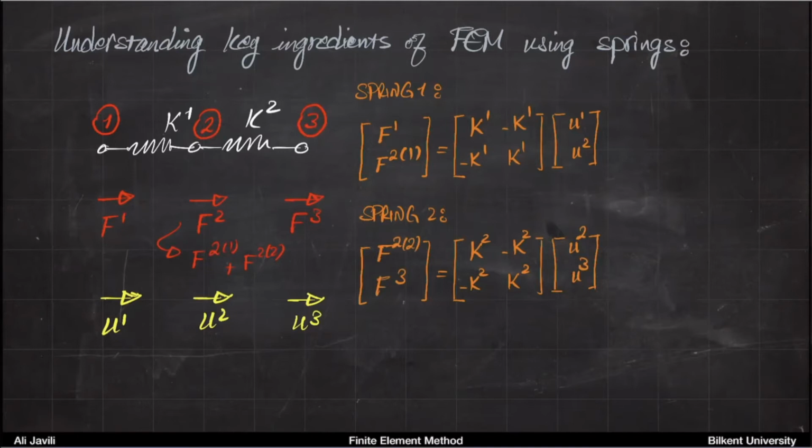Does that make sense? So basically what we do here is now, again, if you just look at this spring, the stiffness is just the stiffness of that spring. The nodes are U1 and U2. So node 1 and 2. The forces are the force at node 1, there is only one force, and the force at node 2, it has 2 parts. It has a part which comes from the first spring. It has a part which comes from the second spring. So that's that.